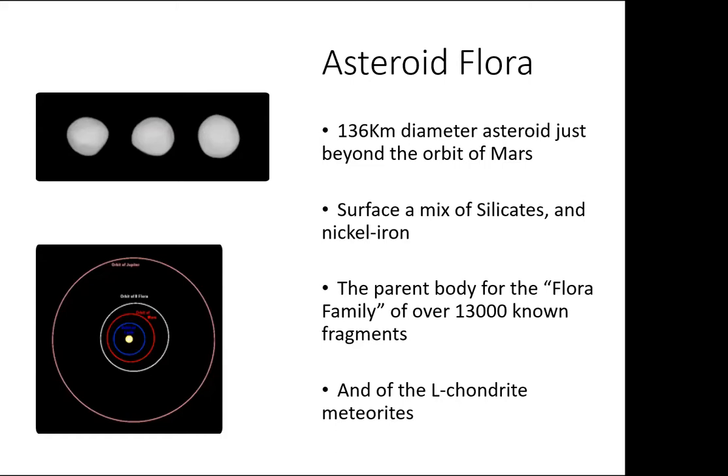It orbits only just beyond the orbit of Mars, and these are radio images of the shape of Flora that have been obtained actually by the Arecibo radio dish, which sadly is no more, bouncing radar pulses off it and managing to create radar images. 136 kilometers across its long axis, and a nickel iron core with silicates on the surface, and responsible for at least 13,000 of these fragments that have all come from the chemically similar L-chondrite family of meteorites, known as the Flora family.